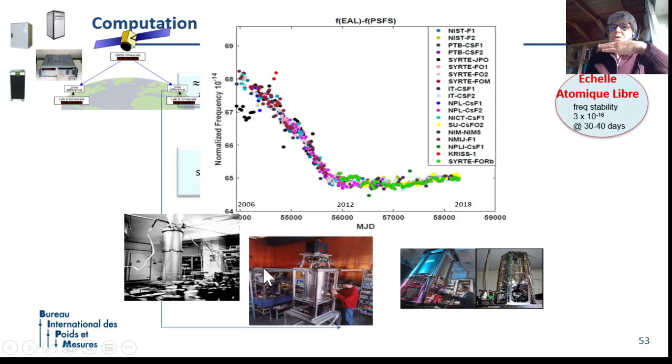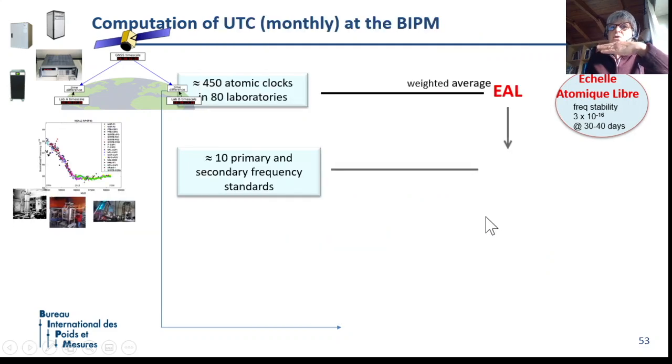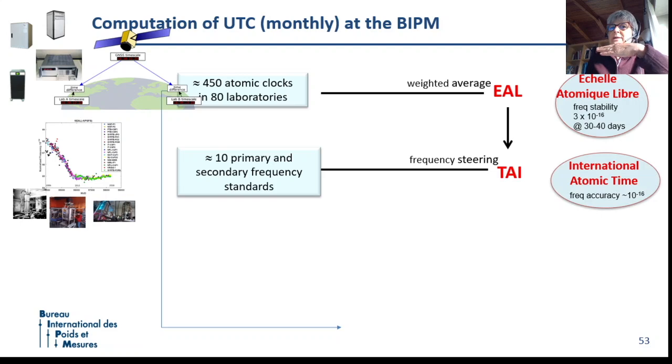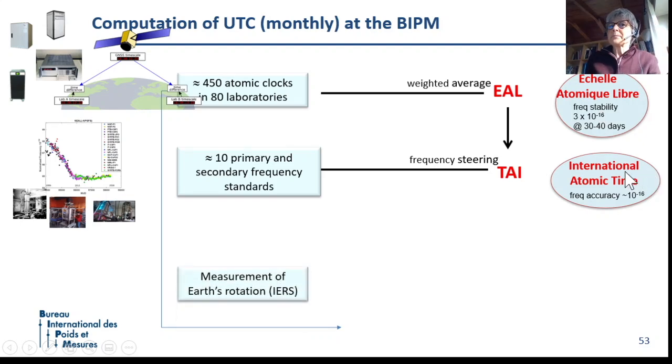So the second step, which gives origin to the International Atomic Time, is based on the stable weighted average, steered, corrected by comparison with the primary frequency standards, to have the International Atomic Time, which is stable and accurate at the level of 10 to the minus 16.